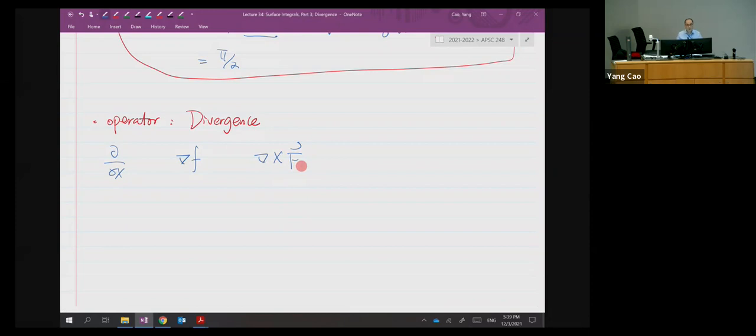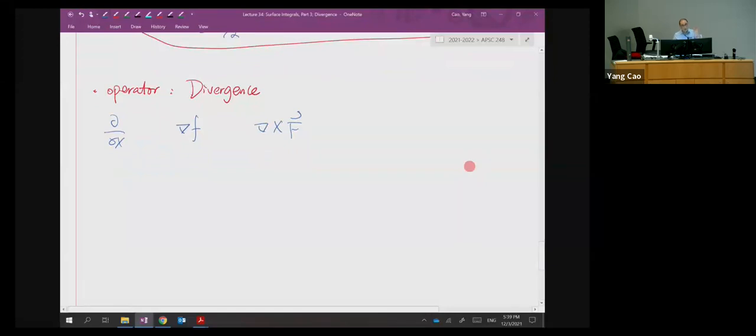Excellent. Microscopic rotational information of the vector field, right? So if there are three things that you need to remember out of the course, one, two, and the third one will be the divergence. So what are the meanings of these things?